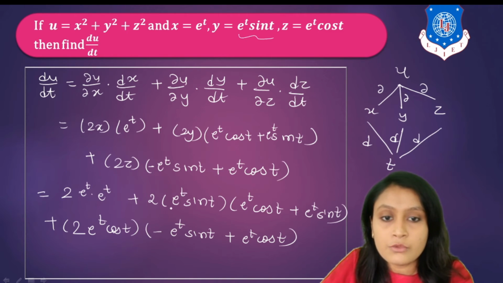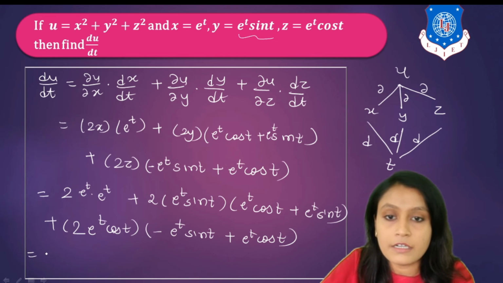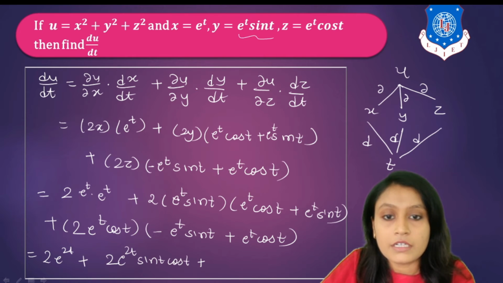So we have to just multiply this over here, right? So what will you get here? 2e raised to 2t plus 2, now e raised to t into e raised to t will give you e raised to 2t, and sin t cos t, plus now here e raised to t sin t into e raised to t sin t, and with this 2, it will give you 2e raised to 2t and sin square t.